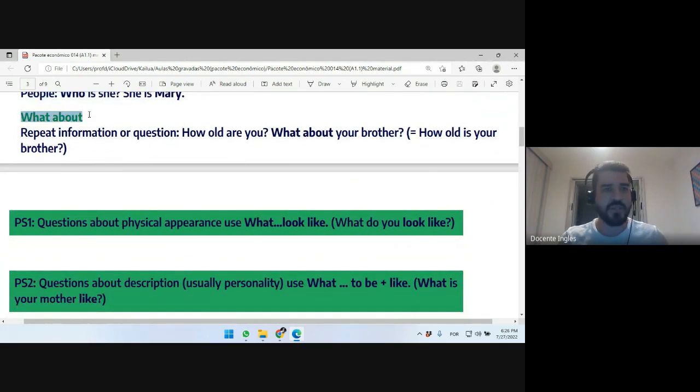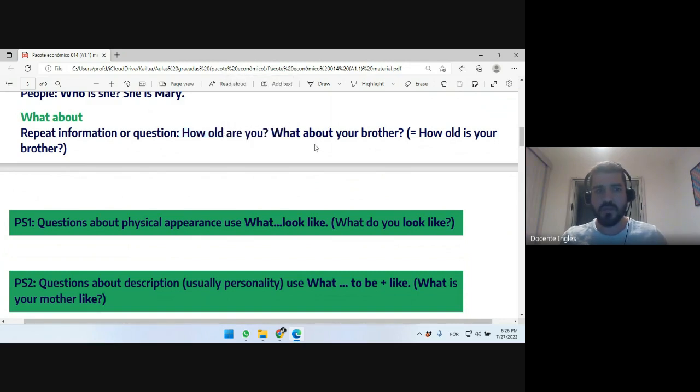The first one is what about? We use what about for repeat information or when we want to repeat a question. How old are you? What about your brother? In this case, what about is substituting how old.